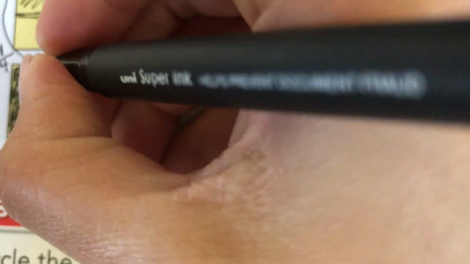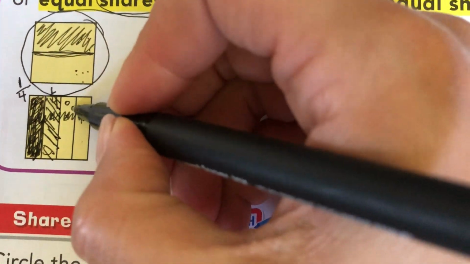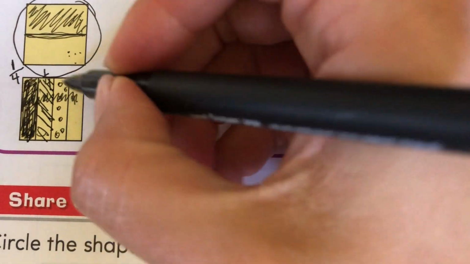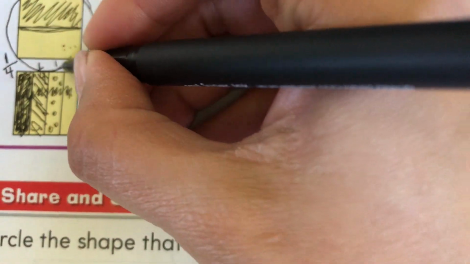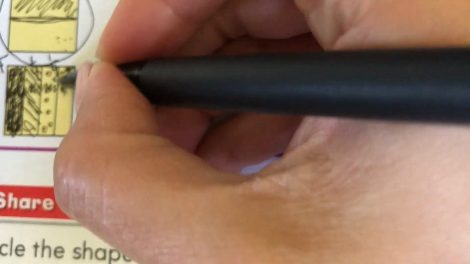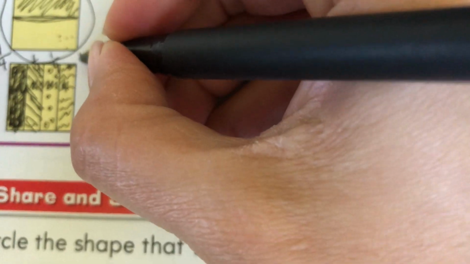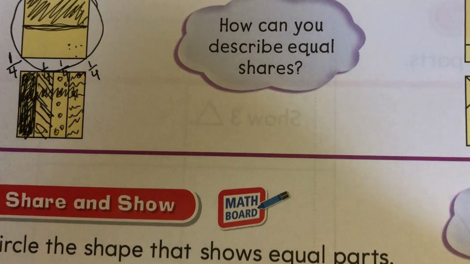Okay, and then let's say I gave Anthony this other piece right here, another 4th. Okay, and then let's say I gave Michael this piece right here with the dots, 1/4 for Michael. And then let's say I gave this piece with the squiggles to Alexis, 1/4 to Alexis.